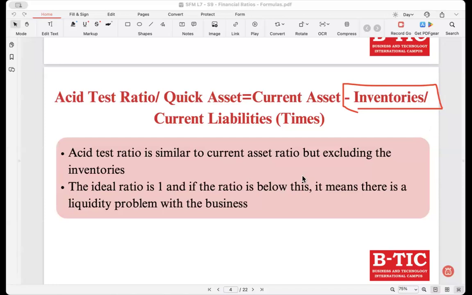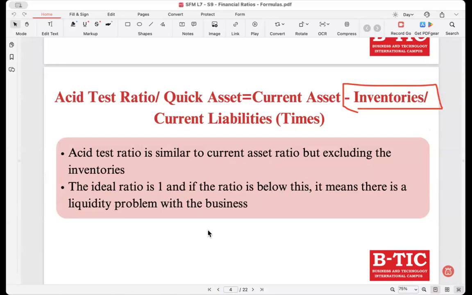As you can see, the asset test ratio is similar to the current asset ratio, but excluding the inventories. This quick ratio is actually a more reliable ratio compared to the current ratio, because you can find out how well the company is performing excluding the inventory.